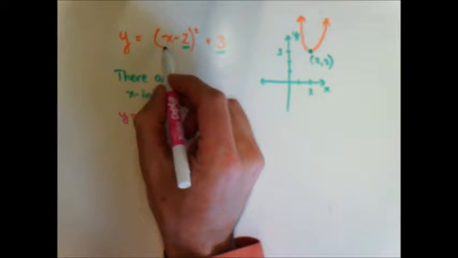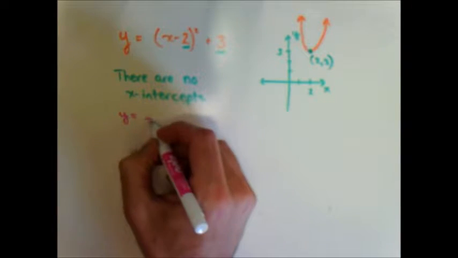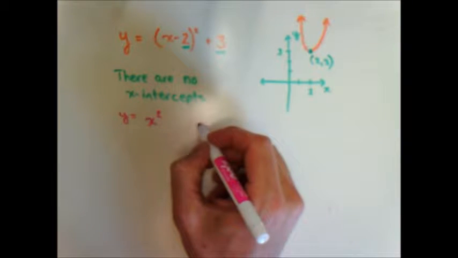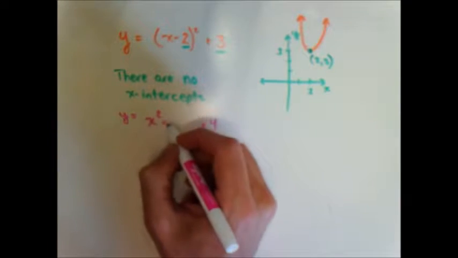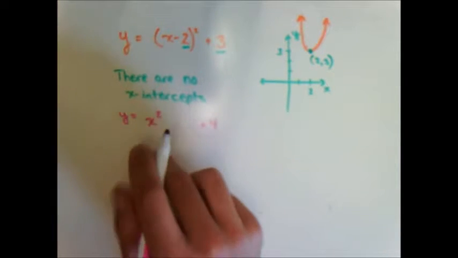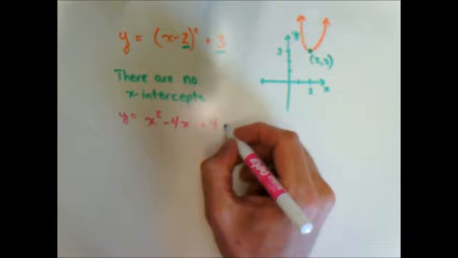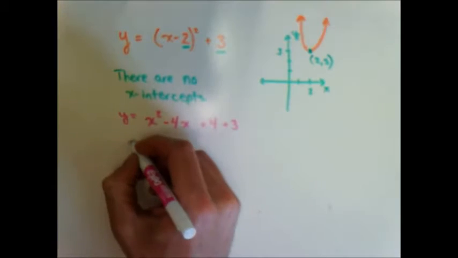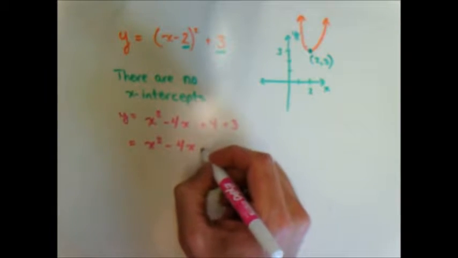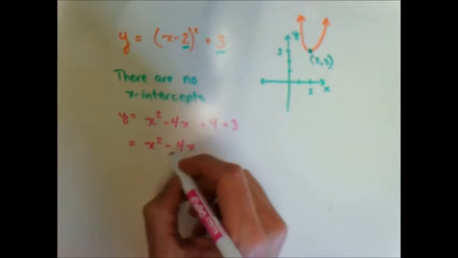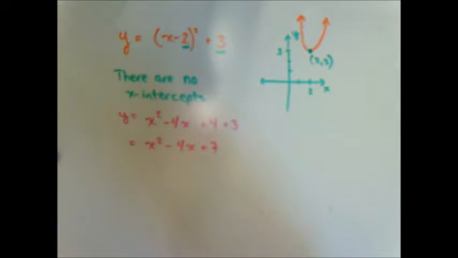This is a binomial squared, and I know that that expands to be a squared, and over here we're going to have b squared, and in the middle we're going to have 2ab. So we're going to have minus 4x, and on the outside we still have plus 3. I can combine like terms, leaving us with the parabola in standard form, x squared minus 4x plus 7.